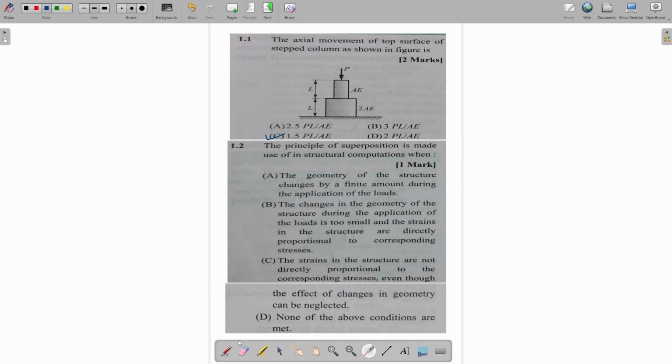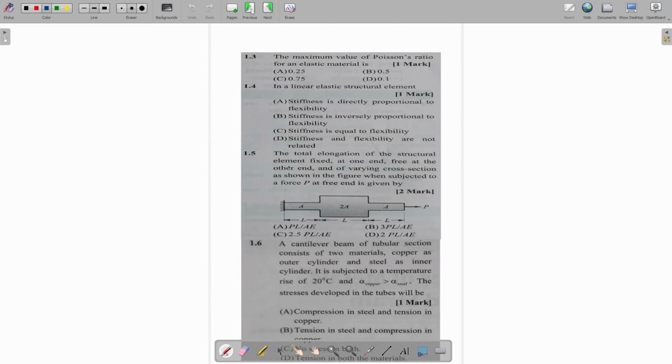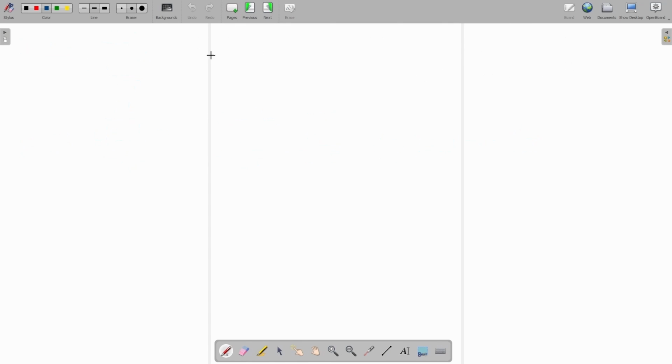Now, let me first tell you one thing, that the principle of superposition is a concept of structural analysis used to find the deflection of a beam. I forgot to mention, this question came in the year 1990. Question number 2.